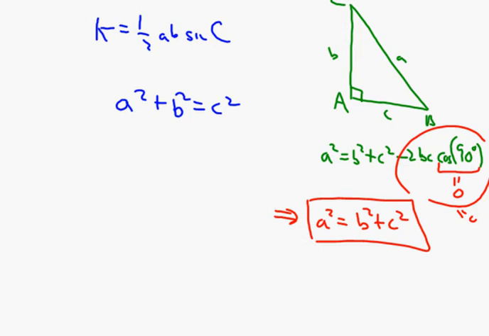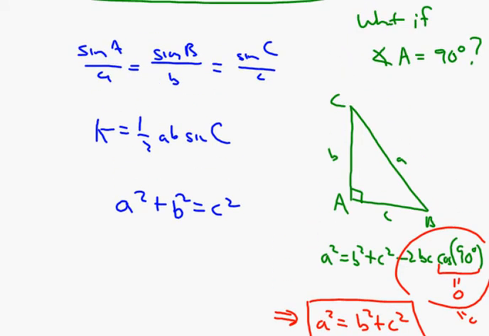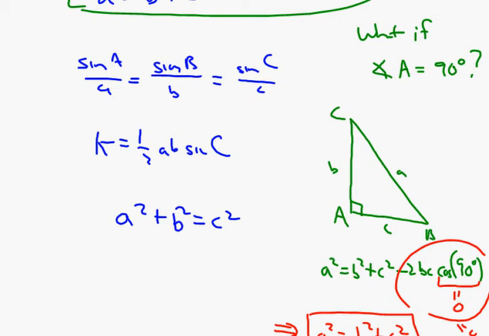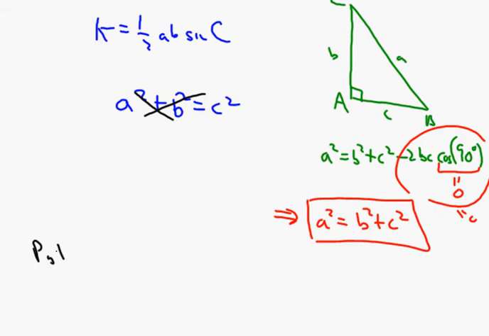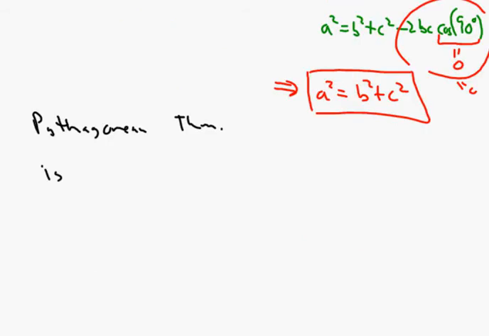So what does that mean? It means that if you're going to go to Triangle Island, you do not need to bring Pythagorean theorem with you. You can cross it off your list because Pythagorean theorem is just a special case of the law of cosines.